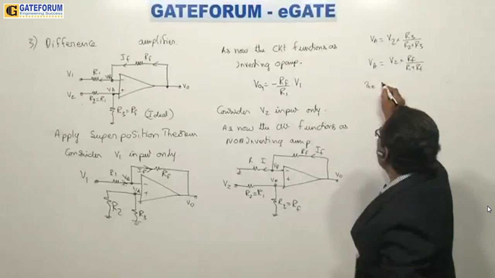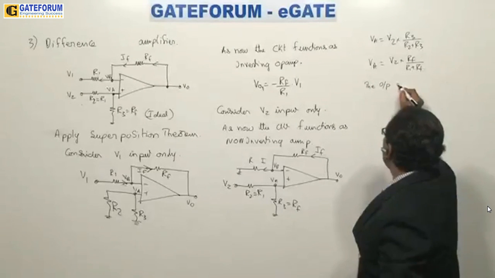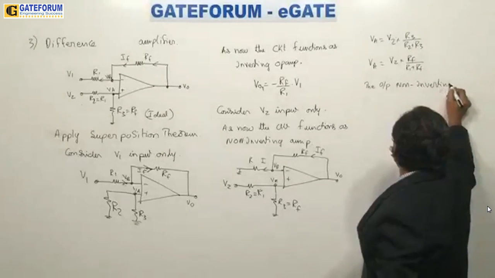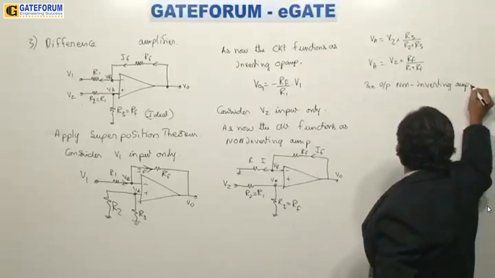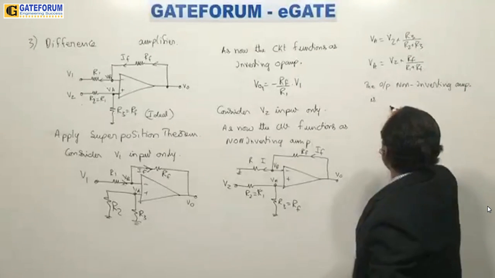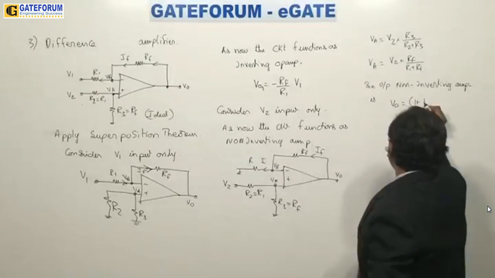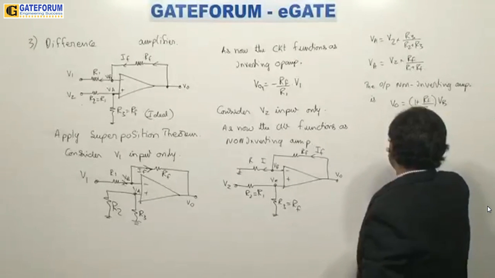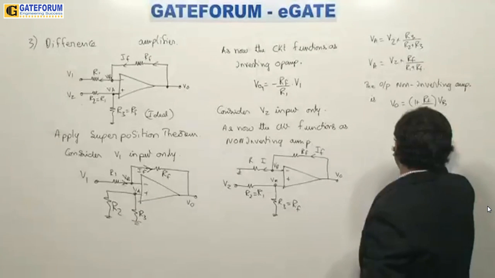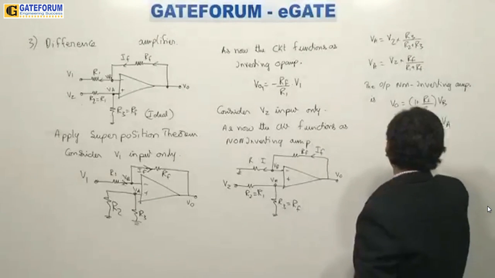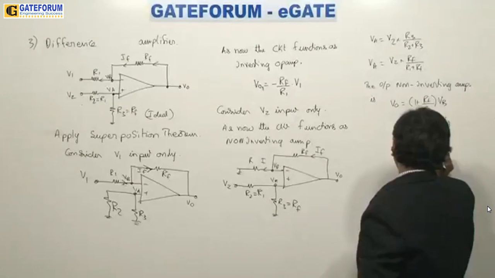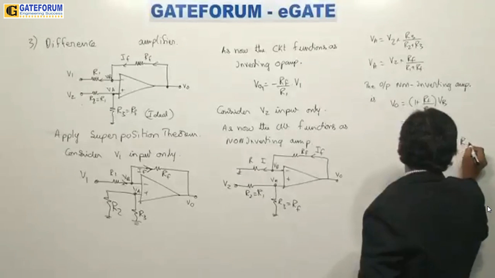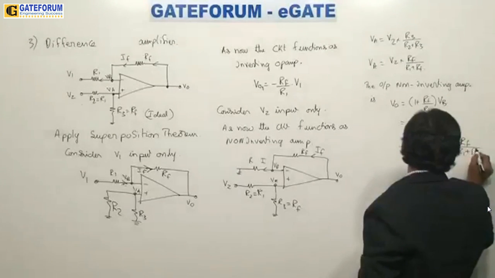Now the output of the non-inverting amplifier is V output equal to 1 plus RF by R1 times V input, that is VB, and due to virtual ground VB will be equal to VA. Substituting VA, it is 1 plus RF by R1 times V2 into RF divided by R1 plus RF.